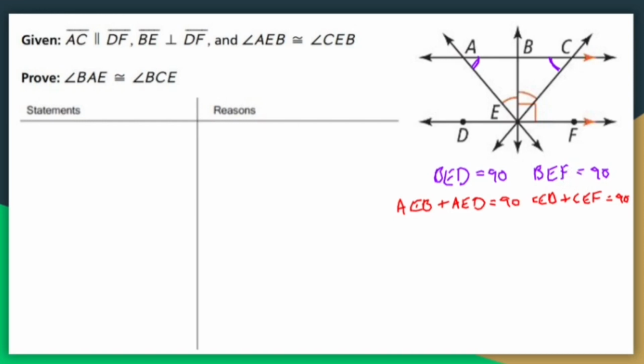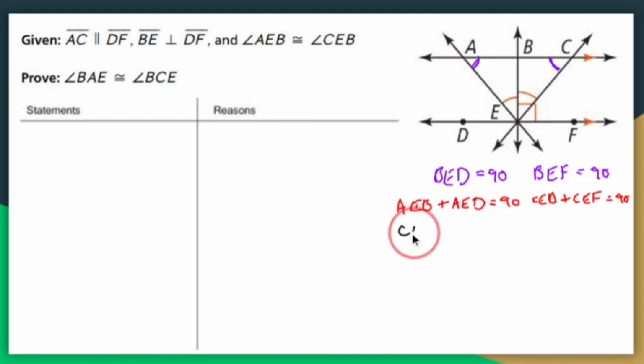What do I know? I know that these guys are the same. So why don't I take this AEB and replace it with CEB?